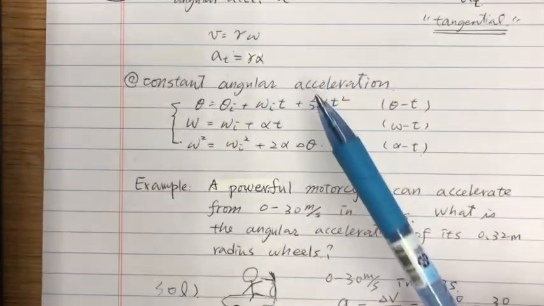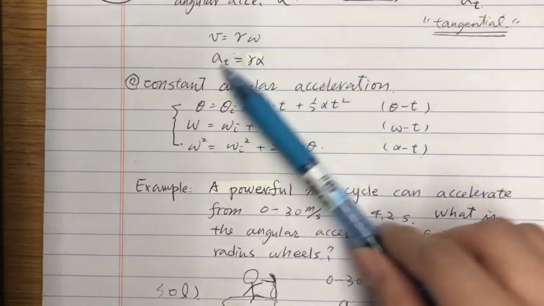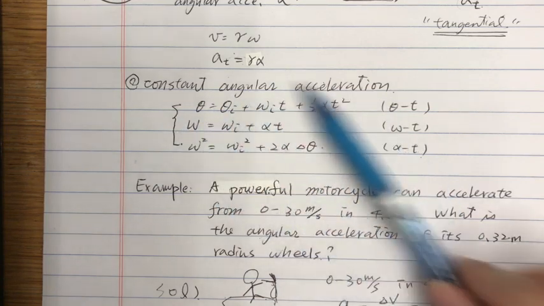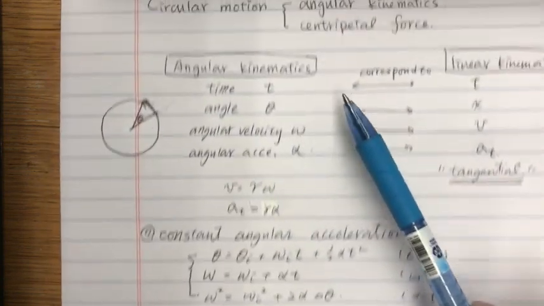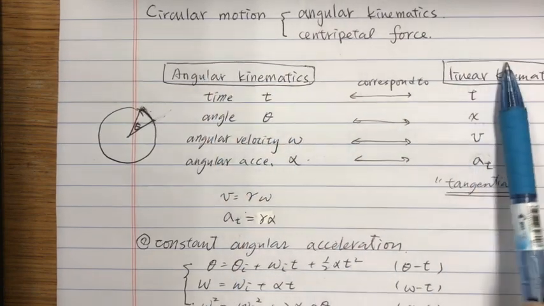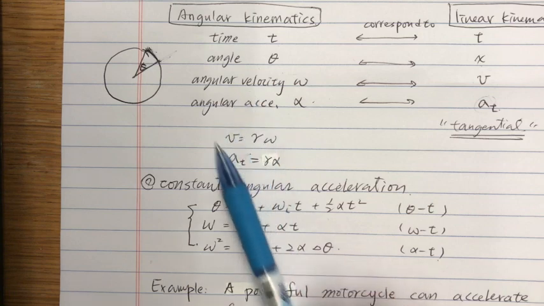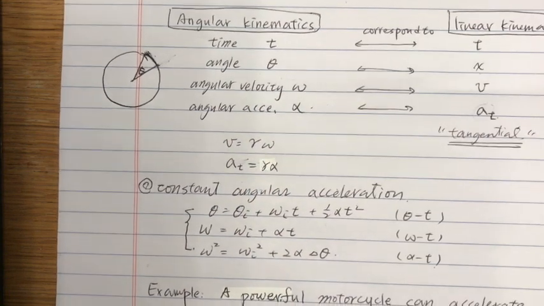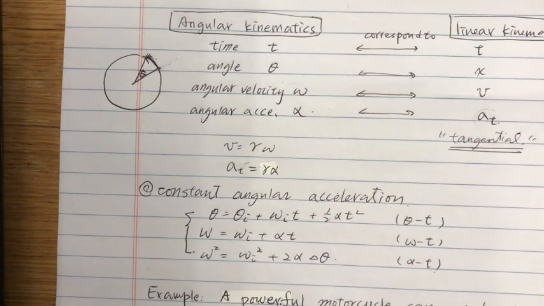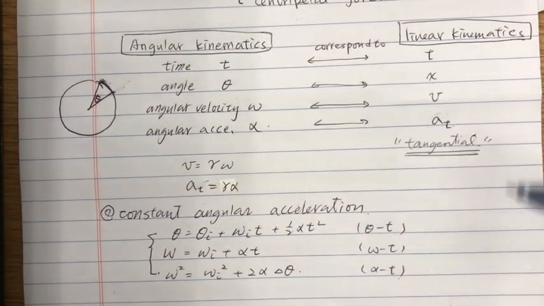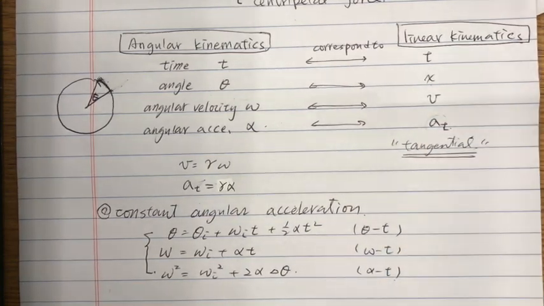All the angular motions will obey this set of equations. The relation between angular kinematics and linear kinematics will be related by this relationship. So just play with it until you feel comfortable with all these changes of variables.